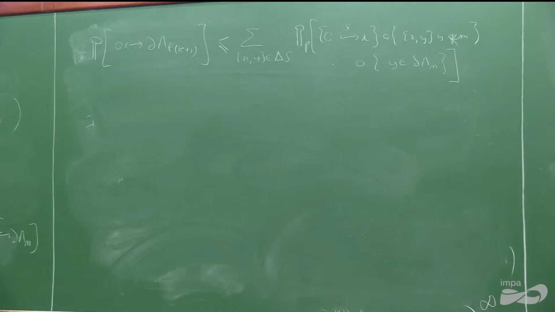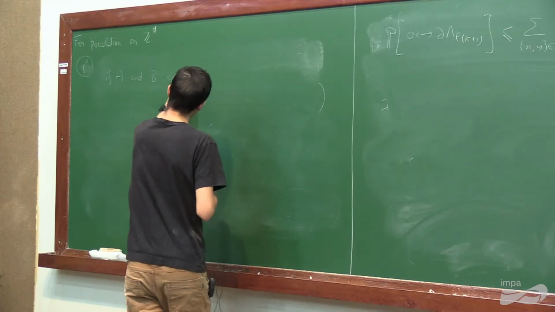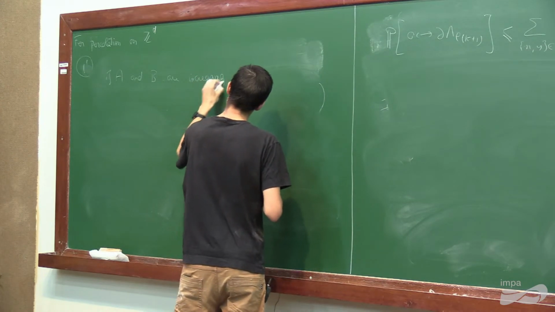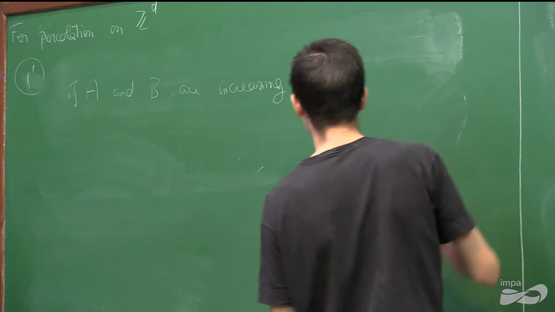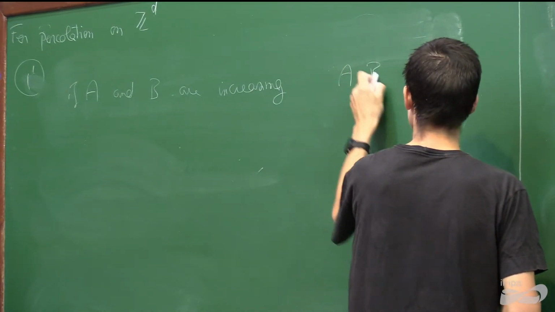So far, last time I just defined A circle B, and now I'm writing A circle B circle C. So you remember that if A and B are increasing, what we have is that A circle B is increasing.